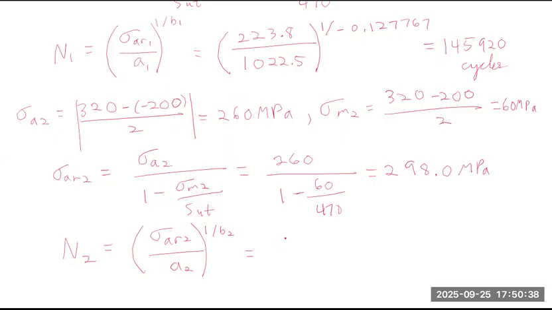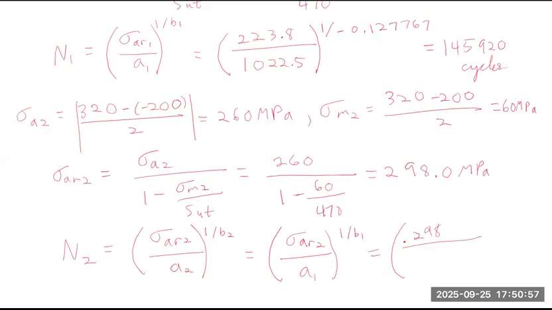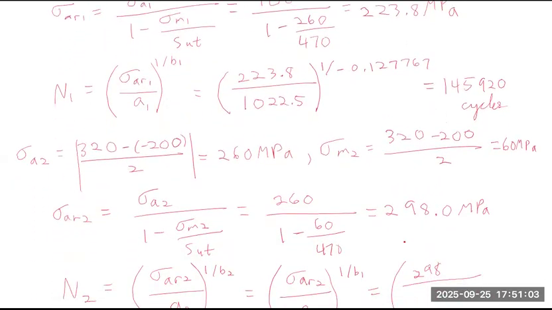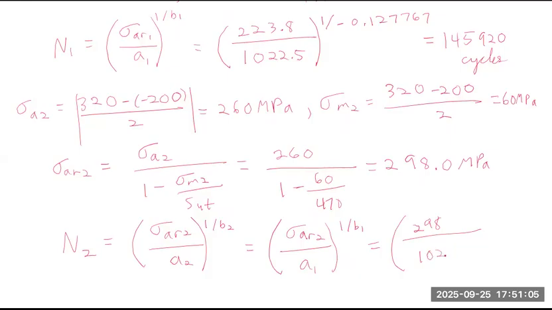So it equals sigma AR2 over A1 to the power of 1 over B1, which is 298 over 1022.5, to the power of negative 1 over 0.127767.